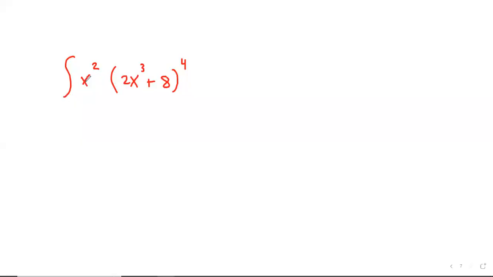The integration of x squared multiplied by (2x to the power of 3 plus 8) raised to the power of 4, with respect to x. So here it's the function f, and if f is equal to 2x to the power of 3 plus 8, then f prime will be 6x squared.